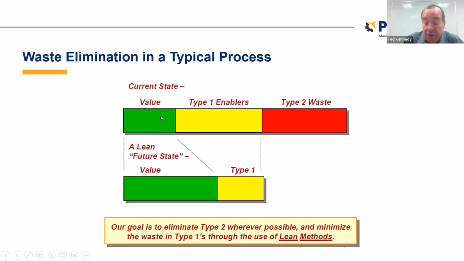Some people say that a lot of times they'll go out and find 70% of all the activity is waste, and there's only a small amount that's value. So we're trying to go in the current system and get rid of as much waste as we can to go into the future state.